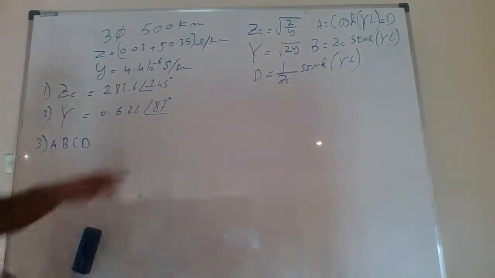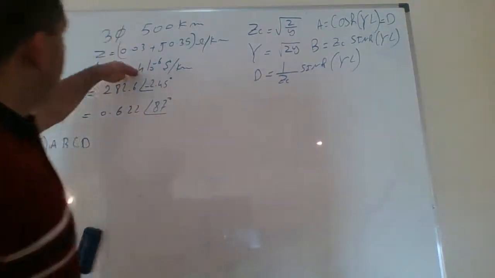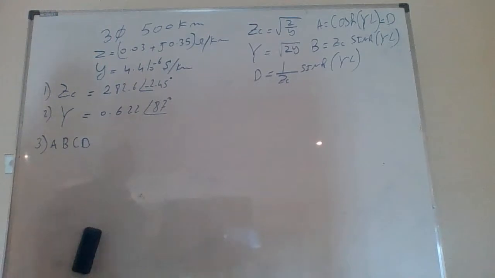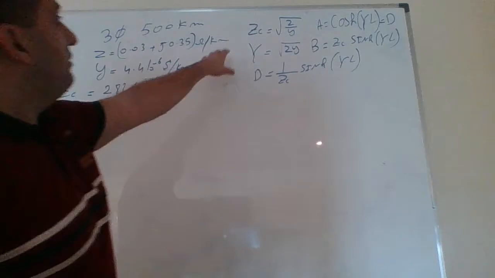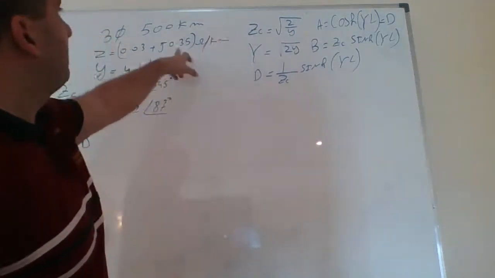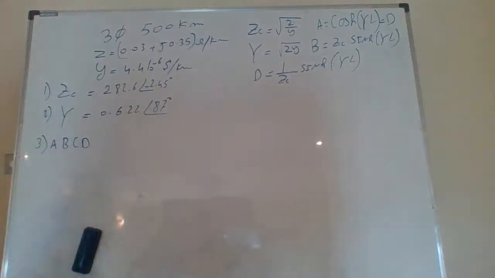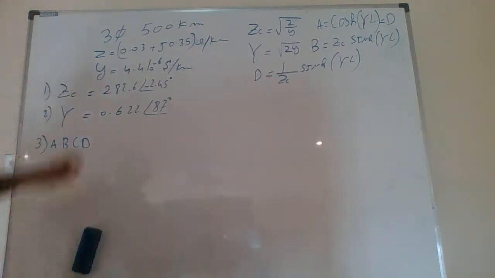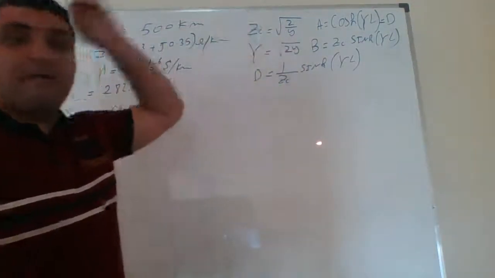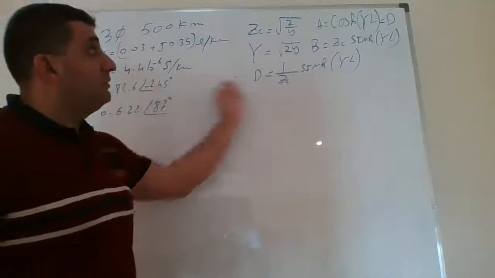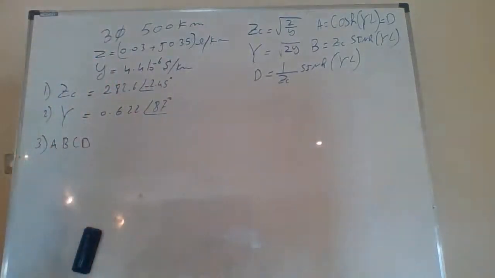So all I did is divide this value by this value. I don't have to worry about multiplying by 500 for ZC because it will cancel. When it comes to ZY, I have to take the length into consideration and multiply by 500.